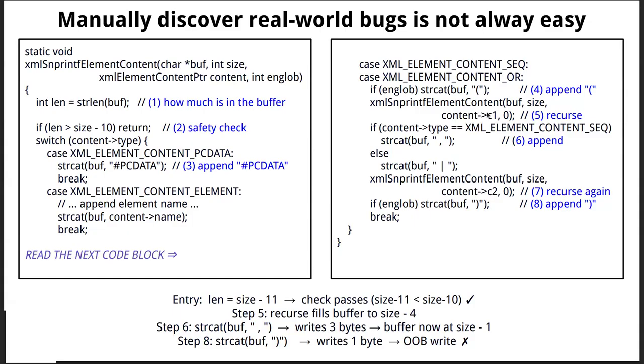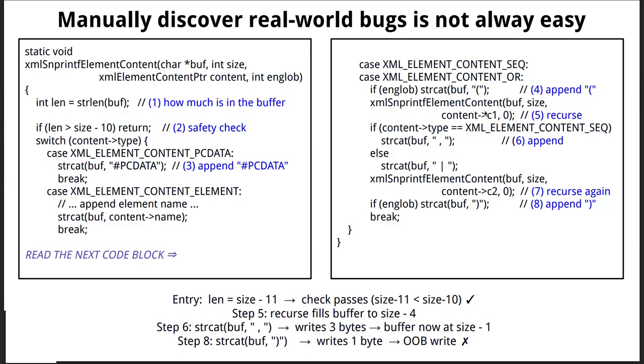Let's say when we first enter this function, the length is size minus 11. So the length is less than size minus 10 in this case, right? So we're not going to return. We pass the security check. We keep going. Then we go to the OR case.